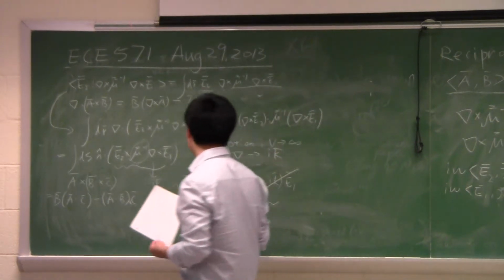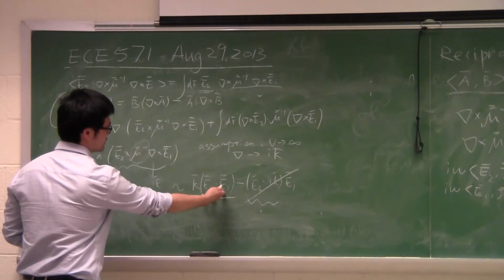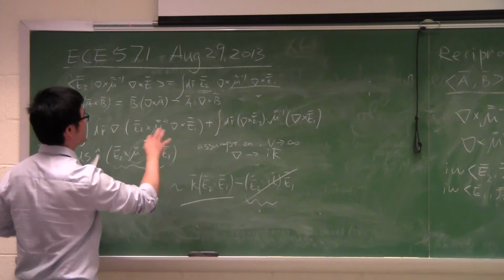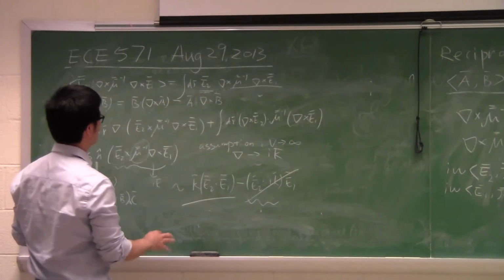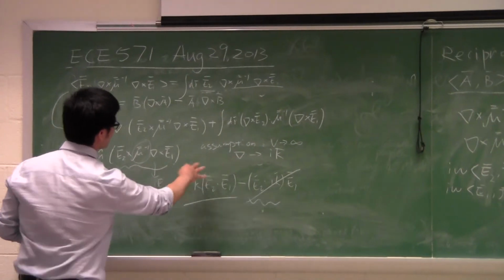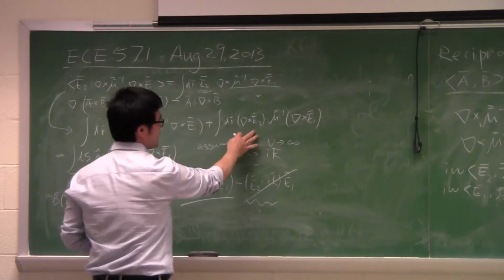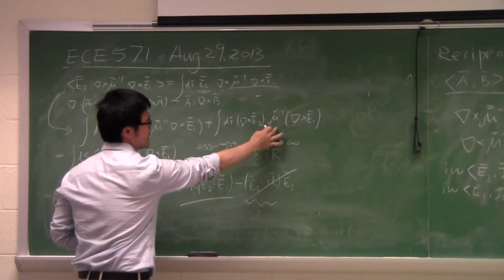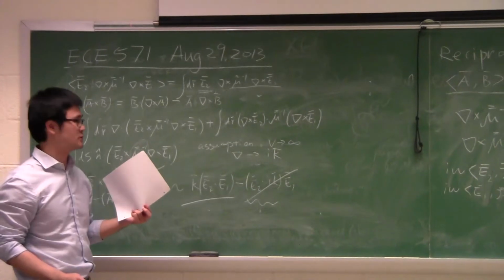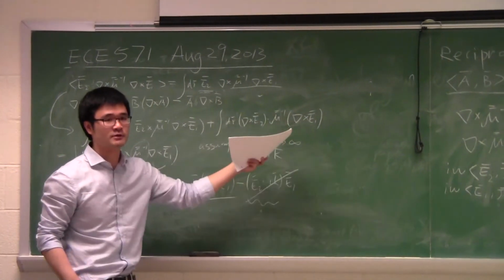And this term we can see it's symmetric, right? Its transpose is the same as itself. So the whole idea is to prove the term to be symmetric. Using this assumption, this first term becomes symmetric. And when mu is the same as its transpose, meaning mu is symmetric, then this term will also become symmetric.